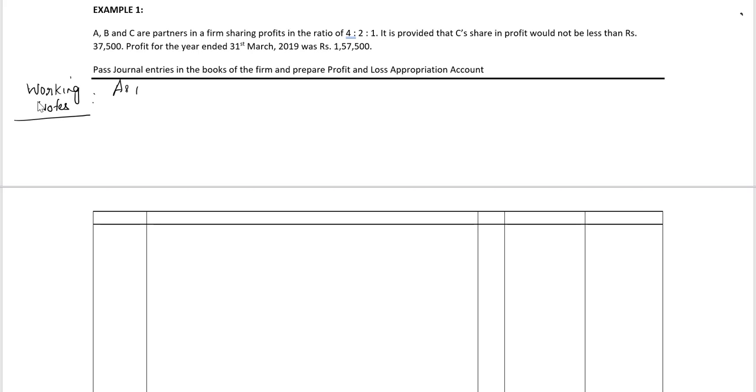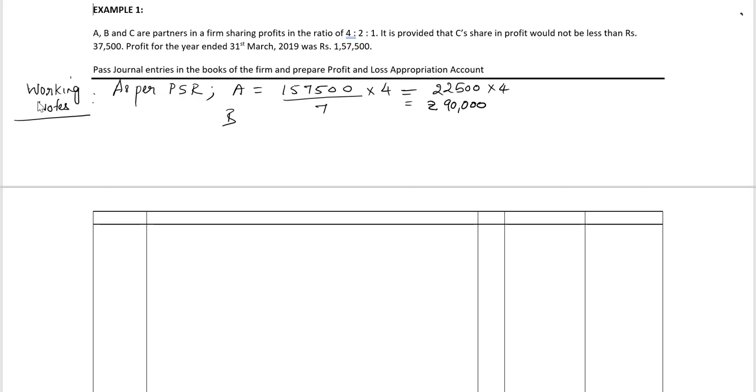As per profit sharing ratio, A gets 1,57,500 divided by 7 into 4, and this is equal to 22,500 into 4, which is equal to rupees 90,000.